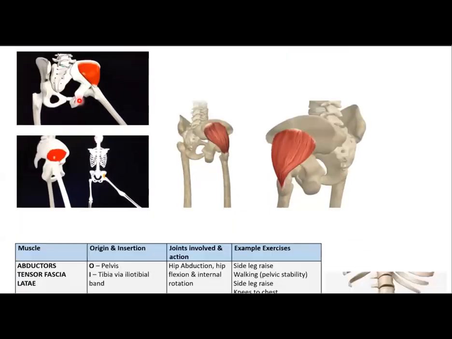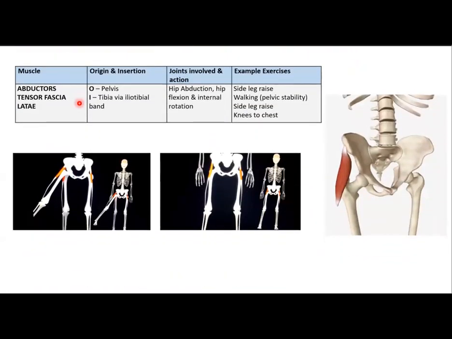Okay, so the next slide is your tensor fasciae latae, which is also an abductor. It's a little bit longer, but the thing is that one goes all the way down, basically, over your ITB band. It will insert into your ITB band, okay? And your ITB band is actually attached to your bone in your lower leg, okay?